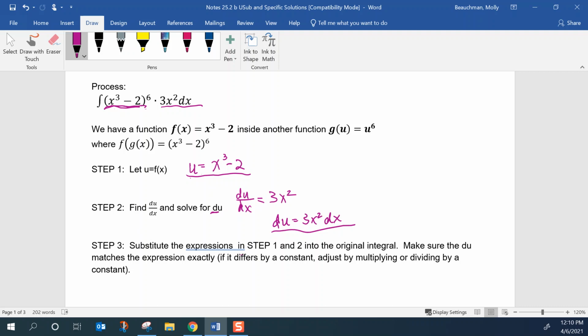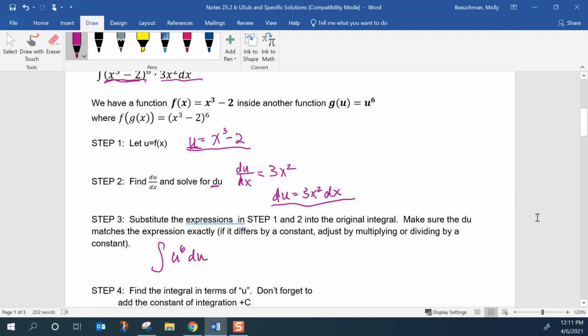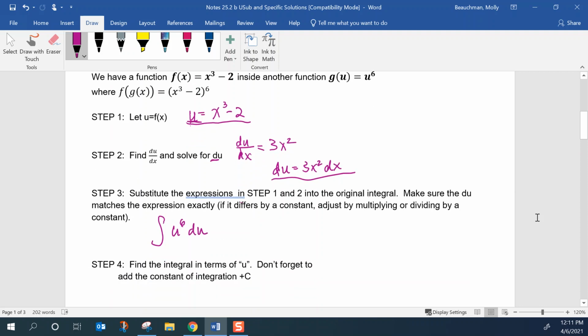Now our integral is going to be: x to the third minus 2 is substituted with a u, so I have u to the power of 6, and 3x squared dx is substituted with the expression du. What I did was just rewrite the integral in terms of a new variable u that represents the expression.